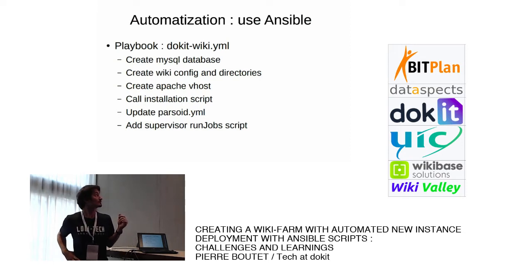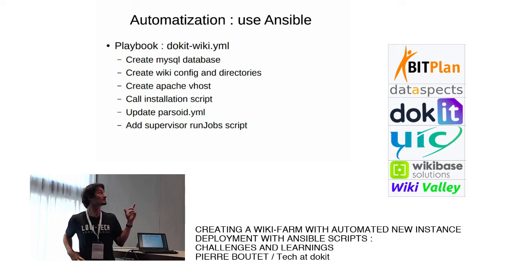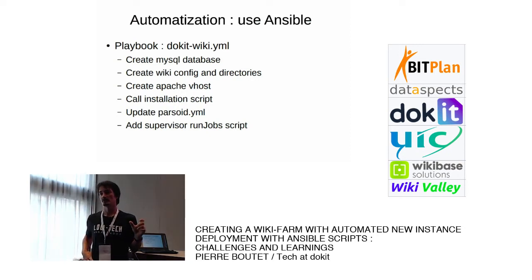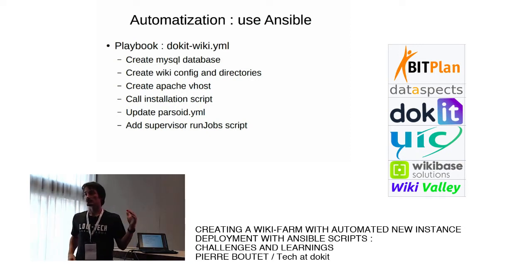And what is great with Ansible is that you can run the same script again with the same params. It will just rerun everything and do the modifications that eventually need to be done. So if you want to just update your wiki, going from Dokit version 1 to Dokit version 2, we rerun the script. The script will do the tasks that are missing. For example, if a directory is missing, it will add it.